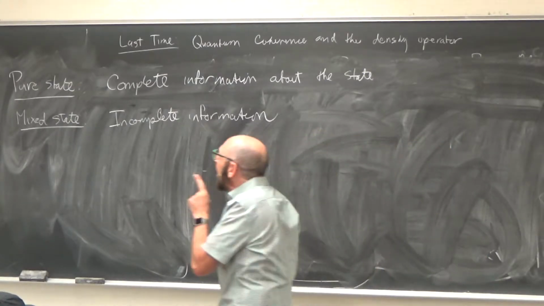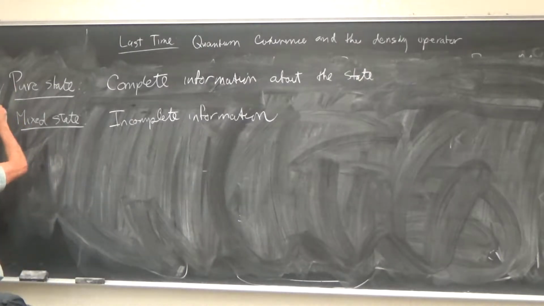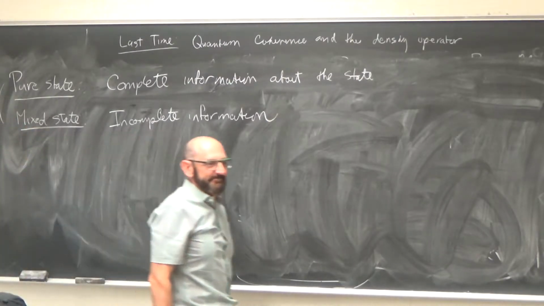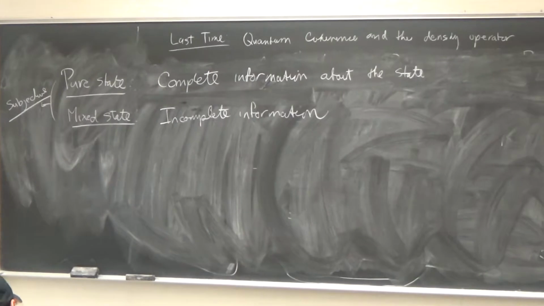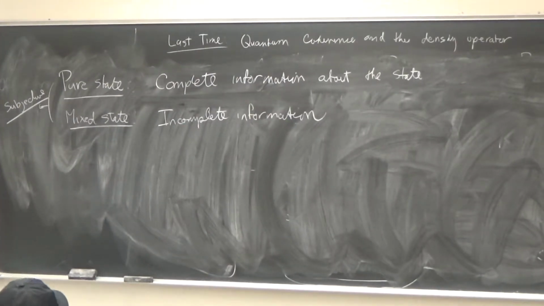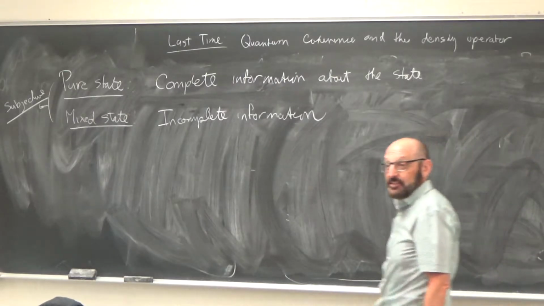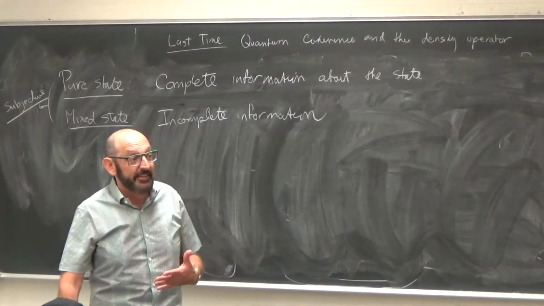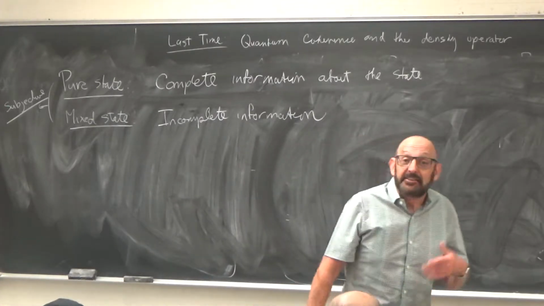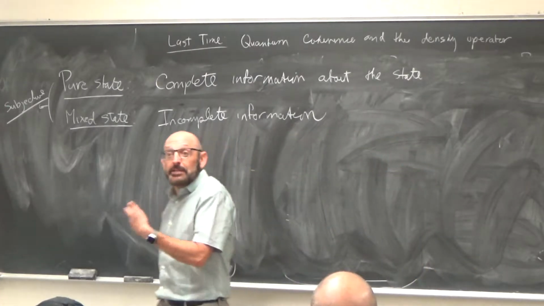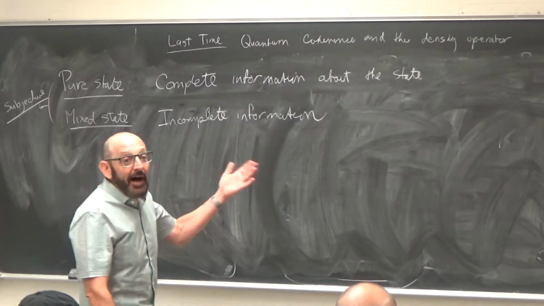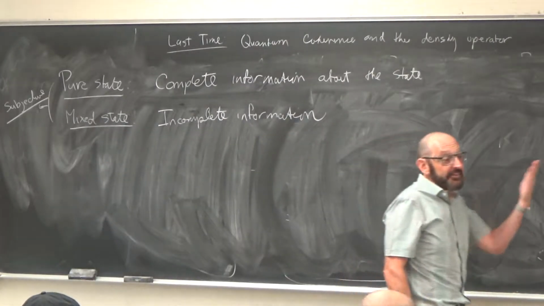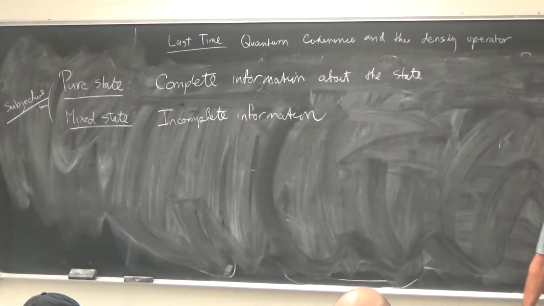Now, there's one thing to note here. That means that the state is subjective. The preparer who spit out the spin, she knew whether it was heads or tails. And so from her perspective, it was a pure state. It doesn't mean that the measurement outcome was going to be deterministic, because if Bob decided to measure in the X basis, he will get a random bit.